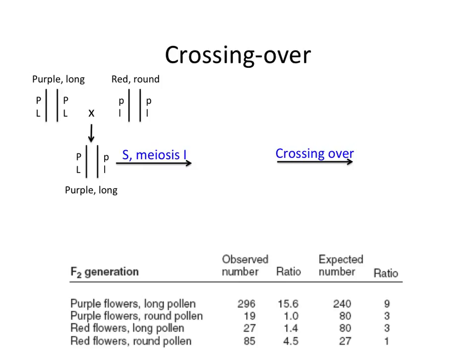Okay. So on this slide, now we're back to talking about Bateson and Punnett, the P, purple or red gene, and the L, the long or the round pollen genes. So after synthesis, we start with a diploid F1 here.